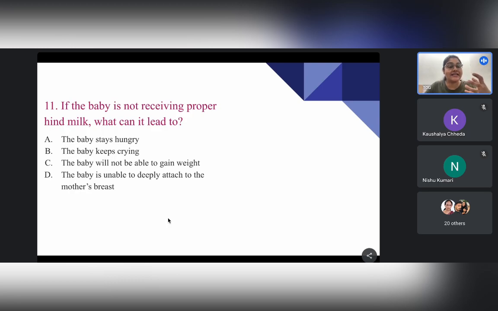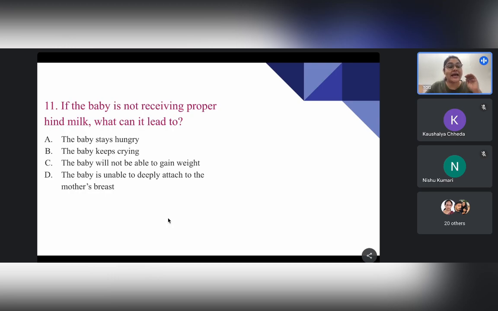These fats are the good fats, as you have said, the omega-3 fatty acids. The two most important omega-3 fatty acids present in hind milk are EPA and DHA. Please go through the previous sessions as well, as we have studied all these things.